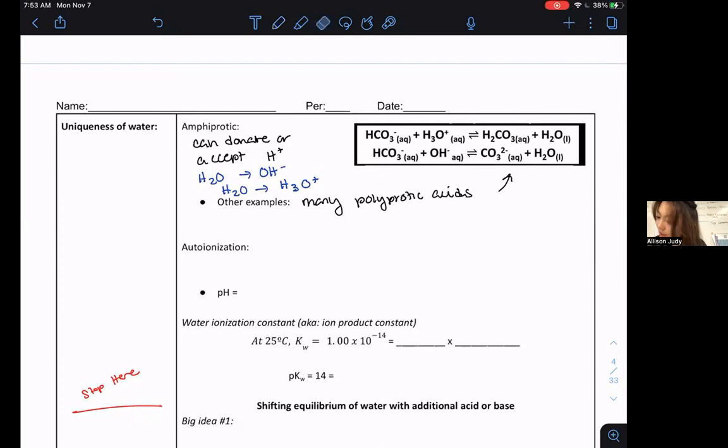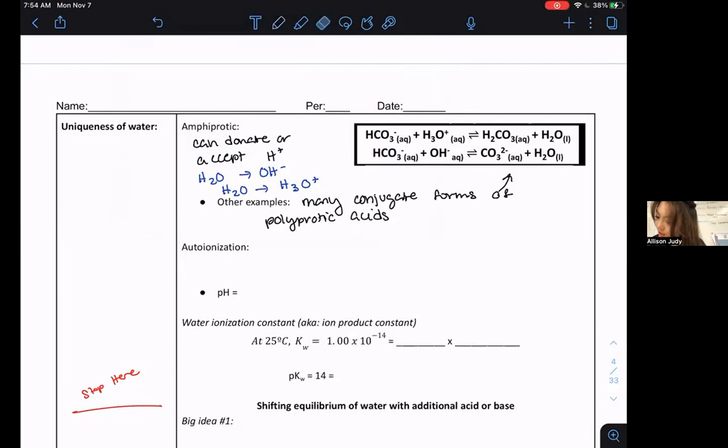I should emphasize that this is the conjugate forms of many polyprotic acids that are considered amphiprotic.